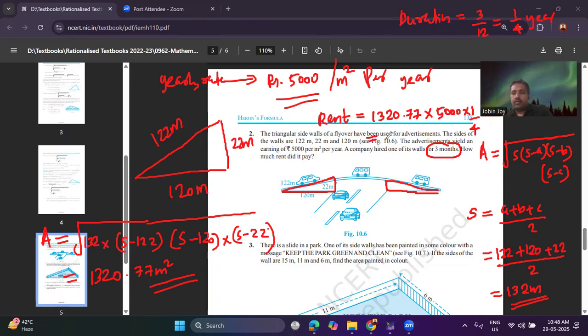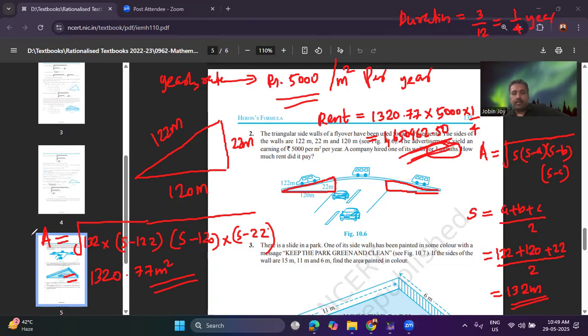So when you simplify it, the answer will be 1,650,962.50 rupees. That is the rent, the amount the company pays to the government to put some advertisement on these triangular side walls.